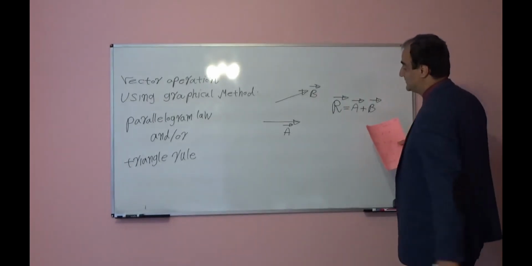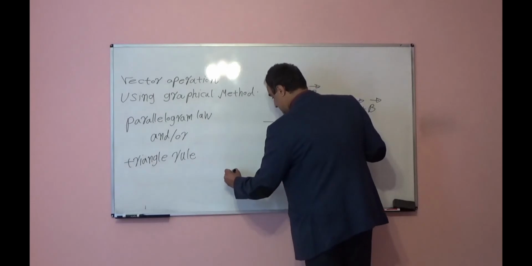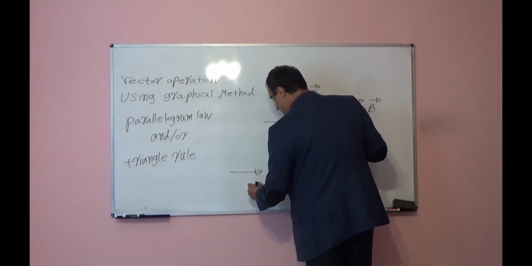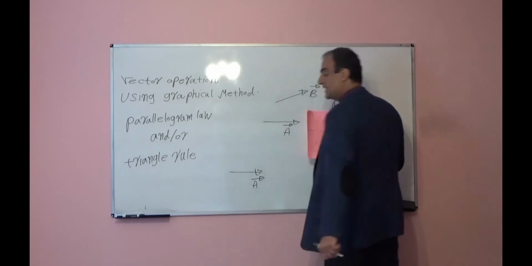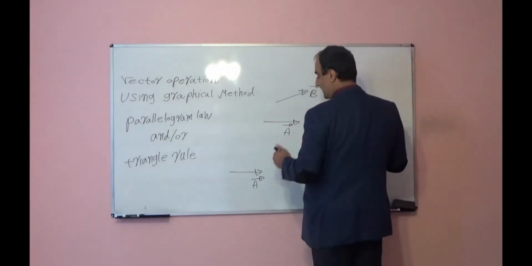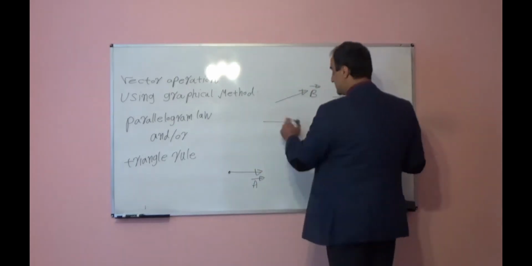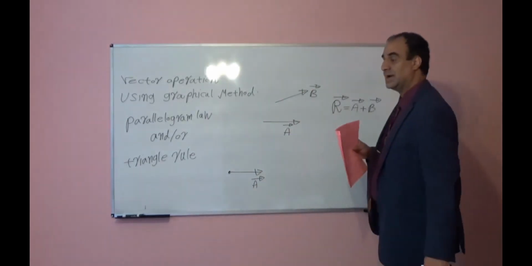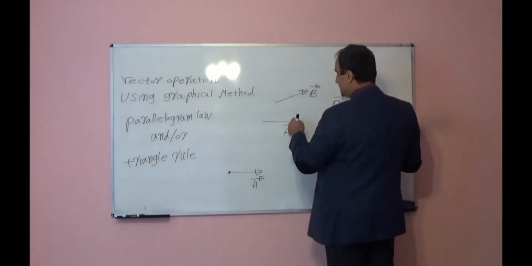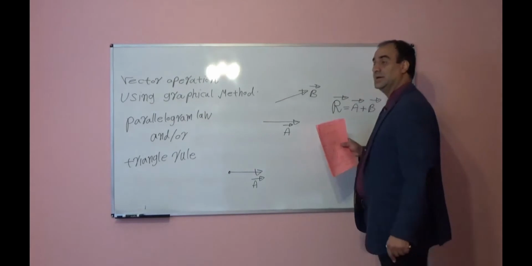How we will add these two vectors? Using, for example, triangle rule, you will show first vector A. You can draw one line parallel to the vector A, and the length exactly identical to the vector A, and the sense of vector in the same direction. So this is identical to vector A.